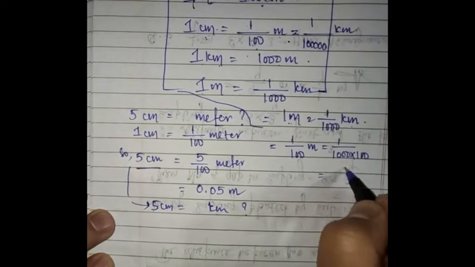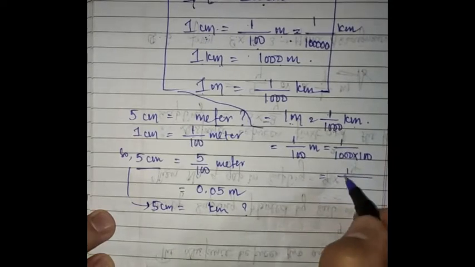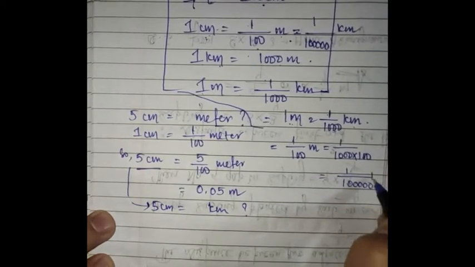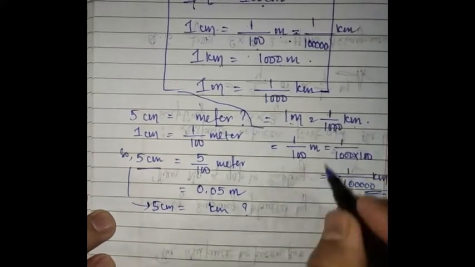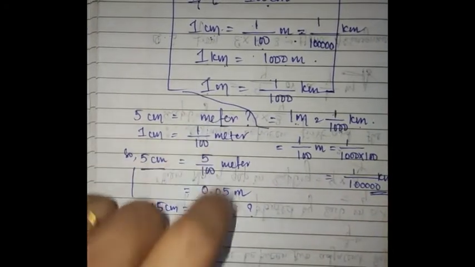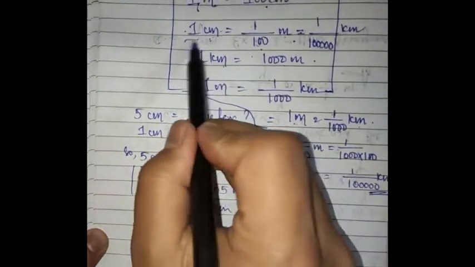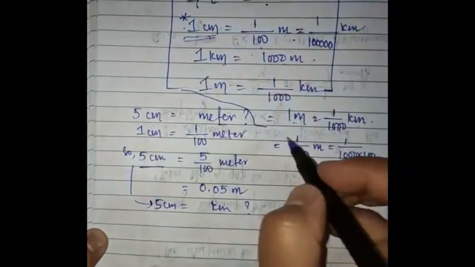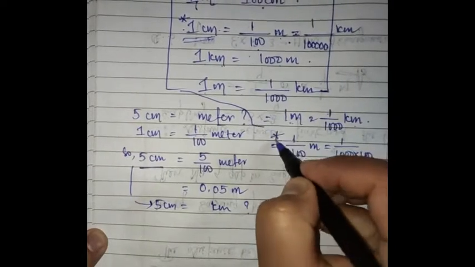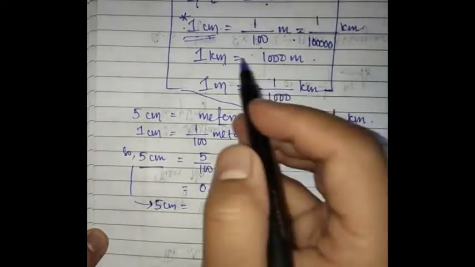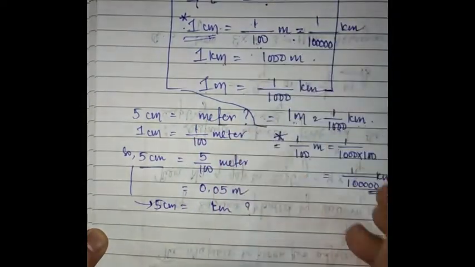Then it should be 1 by 1,00,000 kilometer. So from here we got this idea, because 1 centimeter equals 1 by 100 meter. Here I'm putting the star sign. This one I have solved. We already know that 1 meter equals 1 by 1000 kilometer. But if you have 1 by 100 meter, then what should it be in the form of kilometer?